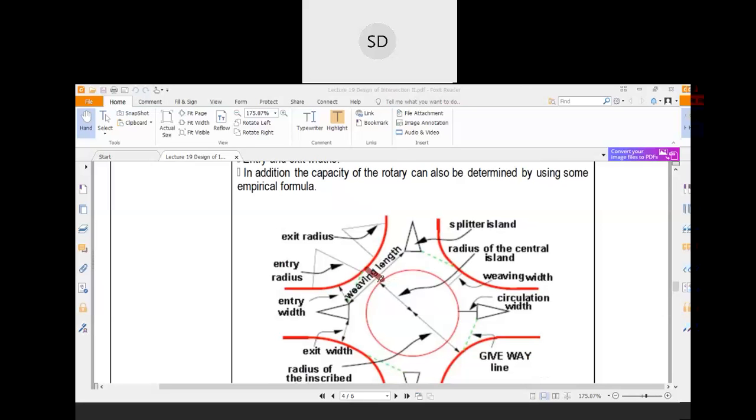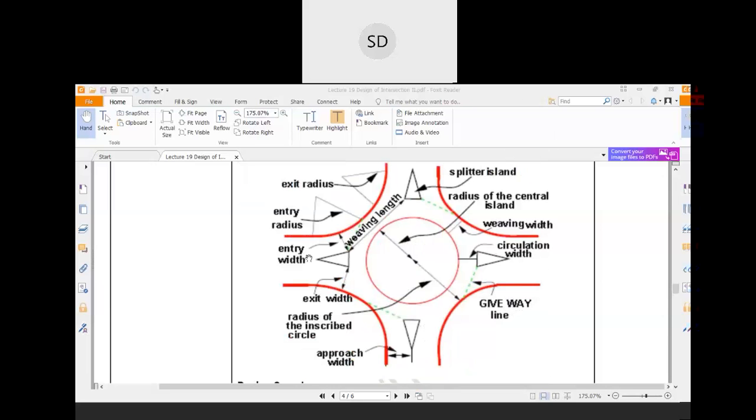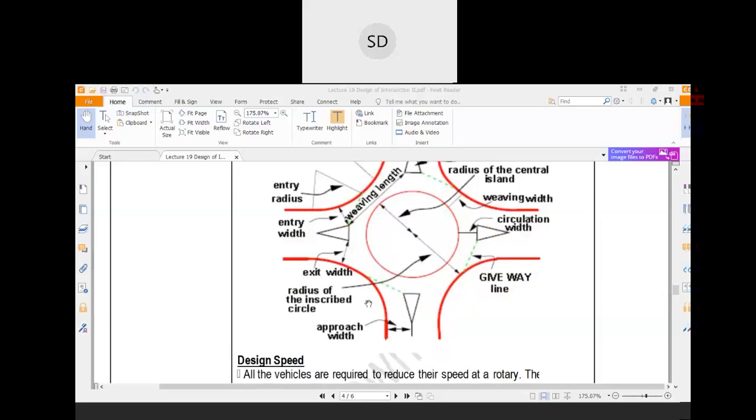These are the channelizing islands in the rotary intersection. So these are the different elements of the rotary intersection. These split islands are nothing but the divisional islands or channelizing islands, and this is a large roundabout.